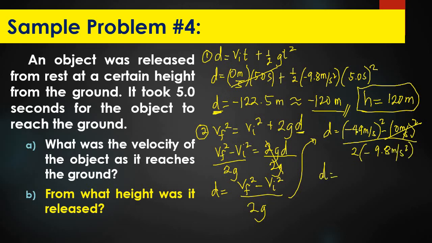Displacement is negative 49 squared divided by 2 times negative 9.8. Negative 122.5, or 120 meters. Our height will be 120 meters.